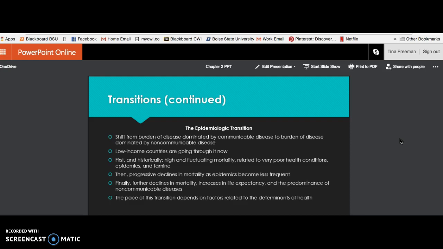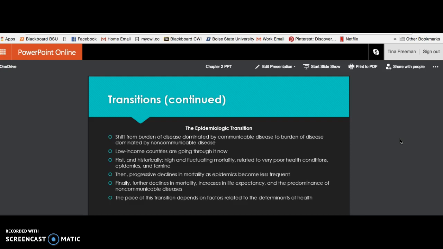So if you look at the United States as an example, we don't see a lot of things like malaria or, for the most part, influenza. Every once in a while there's a nasty strain that sneaks in that we have a little bit of a battle. But if you think about it in a global sense, we have definitely already gone through this epidemiological transition, and we're seeing more of a non-communicable disease model.